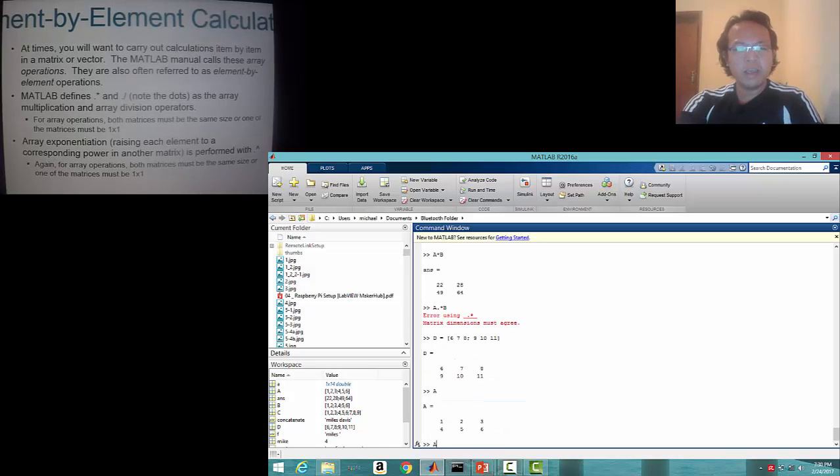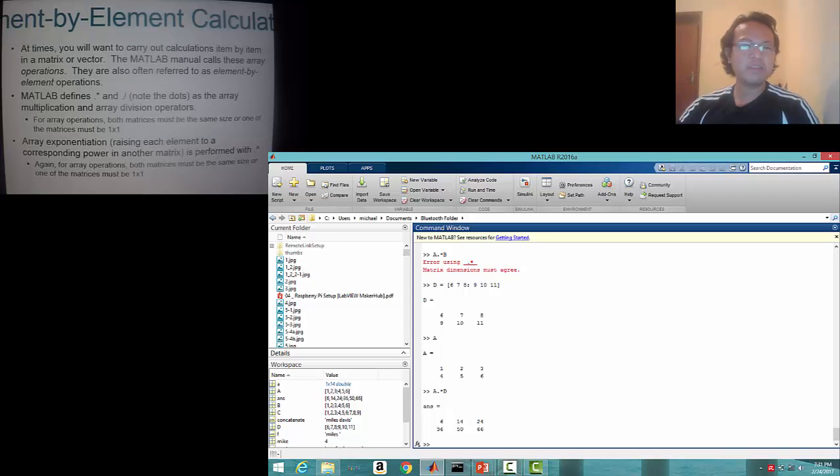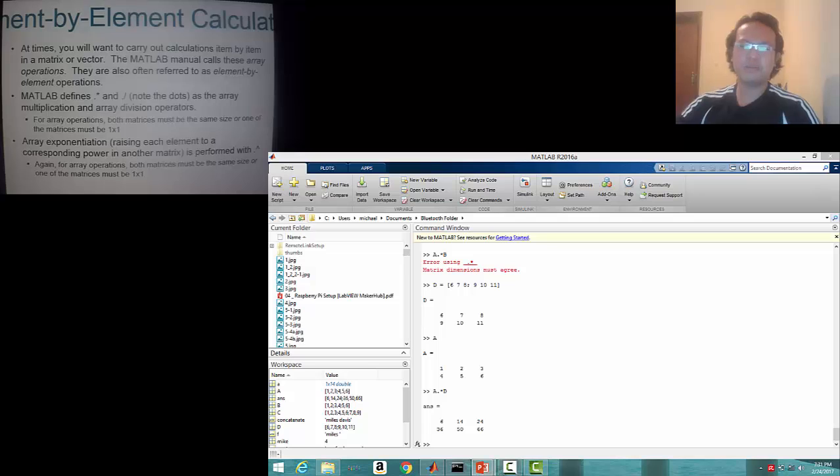A, then dot, multiply to D. What is the answer? Of course, you know that one. 1 times 6, 6. 2 times 7, 14. 3 times 8, 24. 4 times 9, 36. 5 times 10, 50. And 6 times 11, 66. You can do this element by element as long as they have the same size. Actually, the term is same row and column. Okay, I hope you understand.